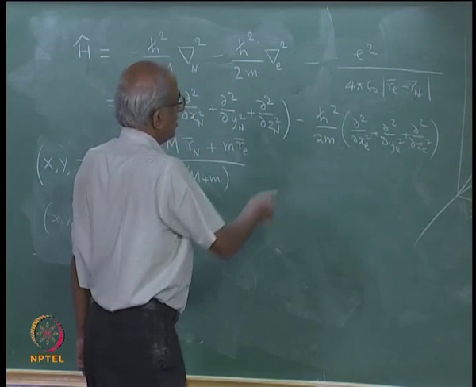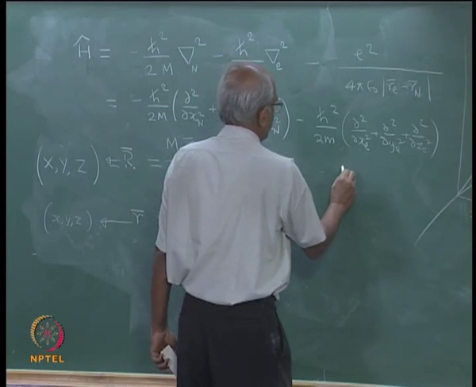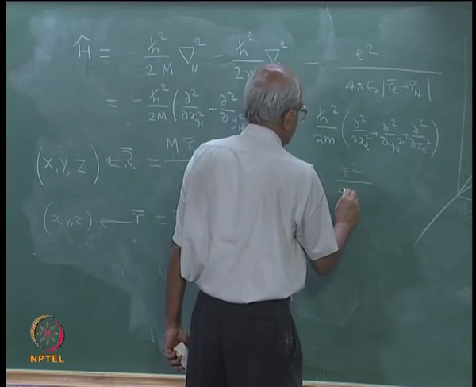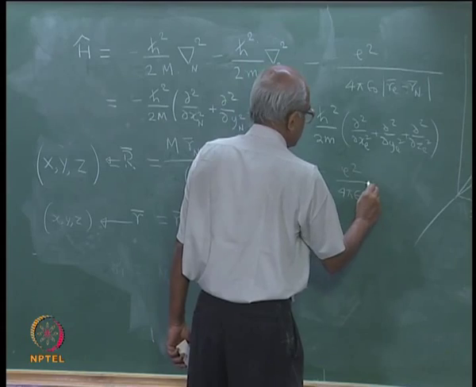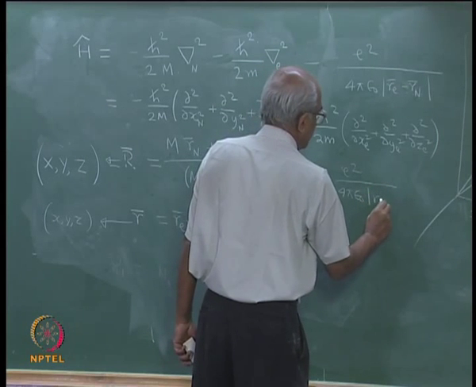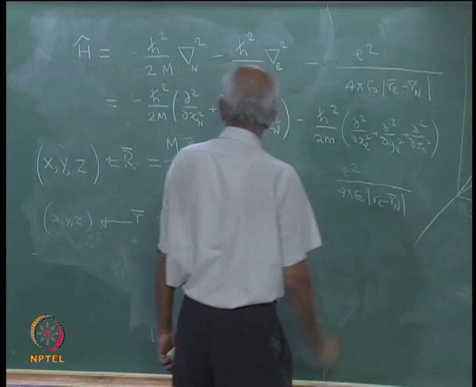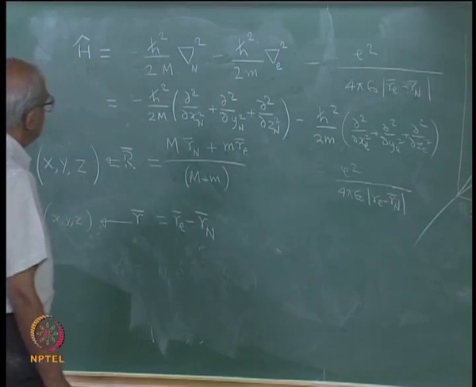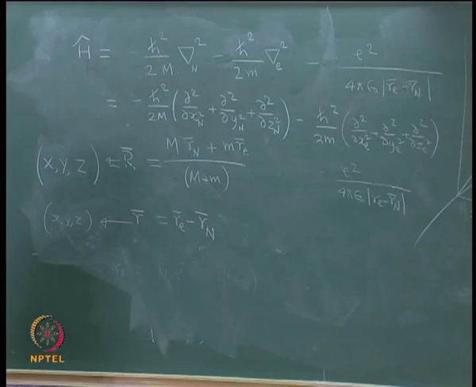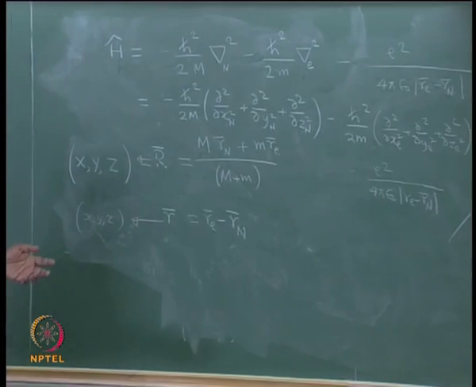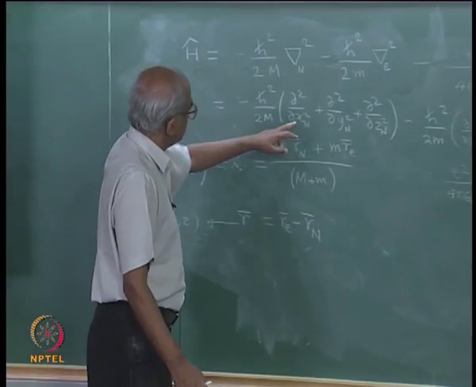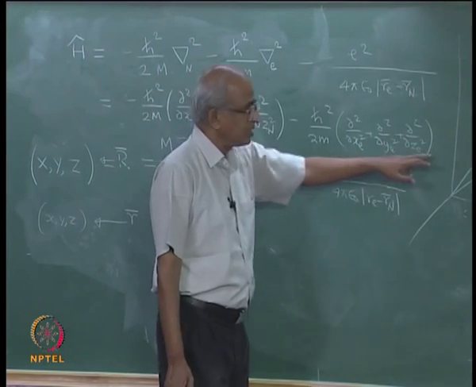That is the kinetic energy, and then of course you would have minus e square divided by 4 pi epsilon 0 |r e minus r n|. Correct. So this has differentiation with respect to x n, y n, z n, x e, y e, z e.